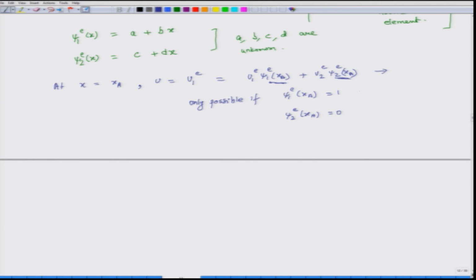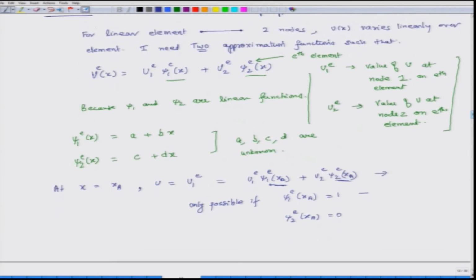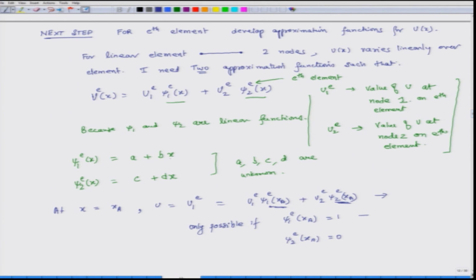So, from this what do we get? Now go back. psi 1 is equal to a plus bx, and what this means is, if I plug in x equals xa in this relation, 1 equals a plus b times xa.